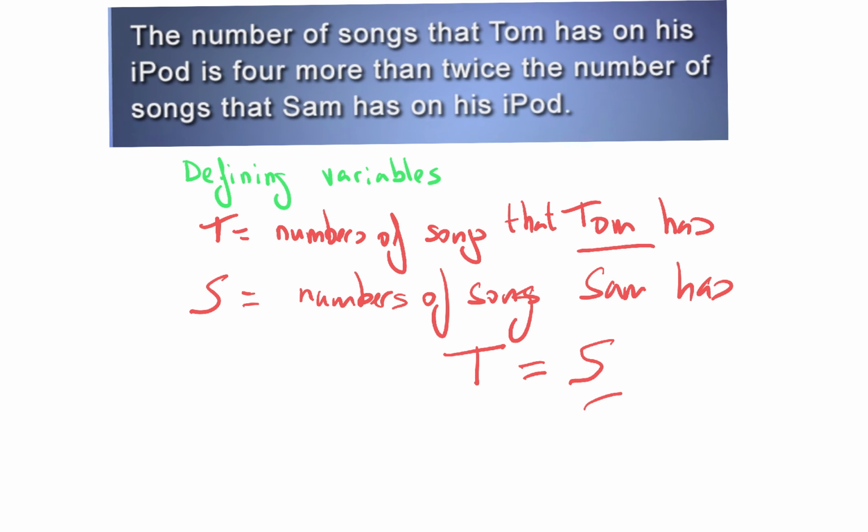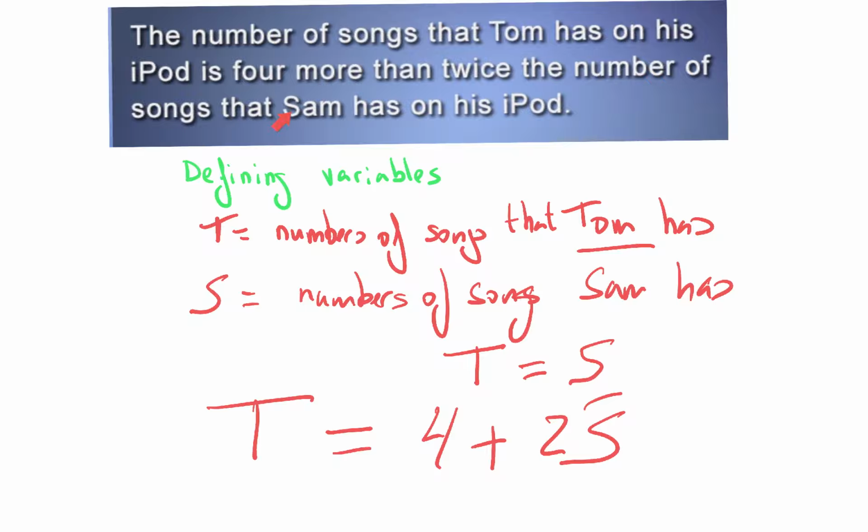I'm going to read: the number of songs that Tom has, T, on his iPod, it doesn't matter where he has it, is 4 more songs than twice the number of songs that Sam has. The number of songs that Sam has is S.